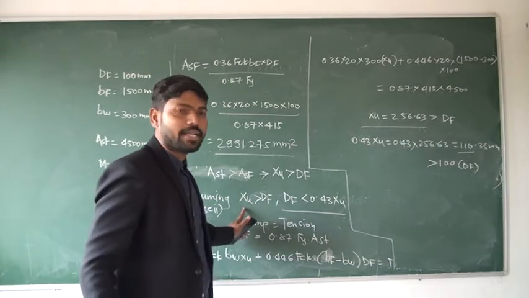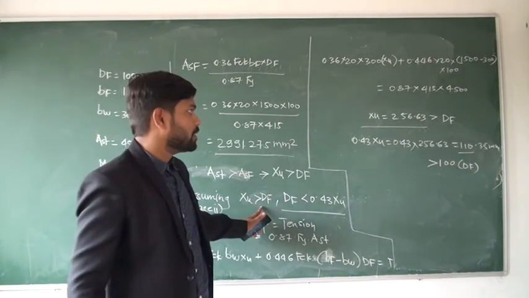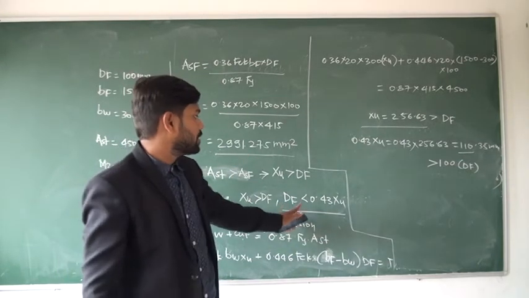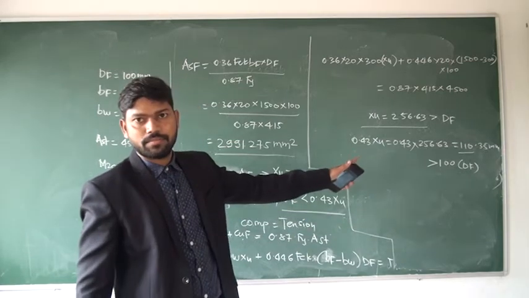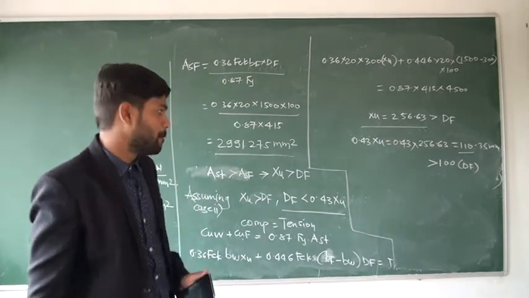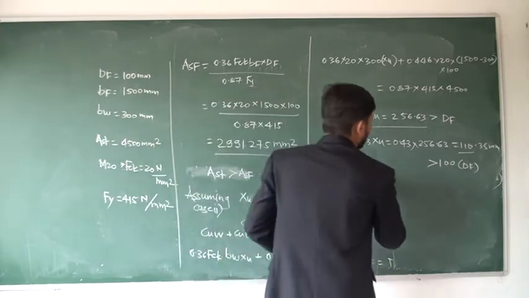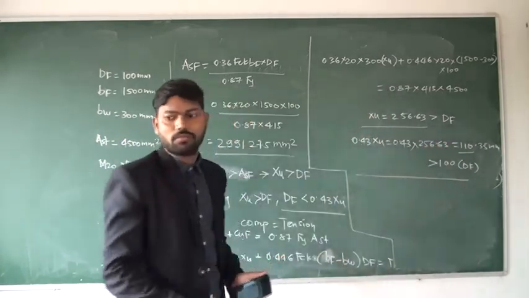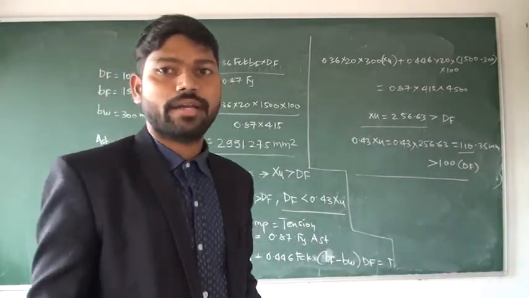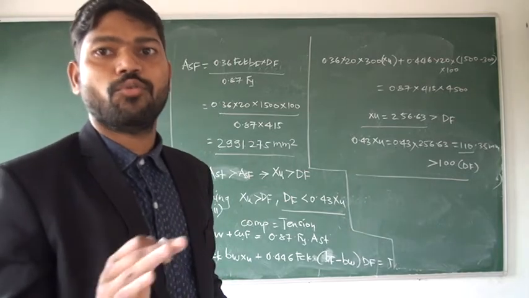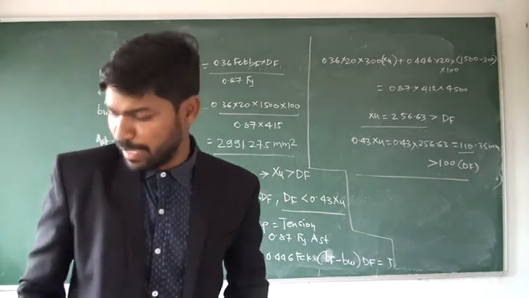So this condition is satisfied. XU is greater than DF, yes. Then DF is less than 0.43 XU, yes. Okay. So this is case number 2. Now we can conclude that this is case 2, so we can use the case 2 formula for calculation of MU.